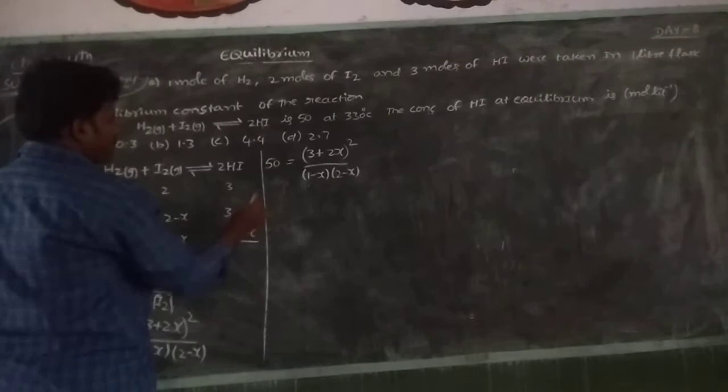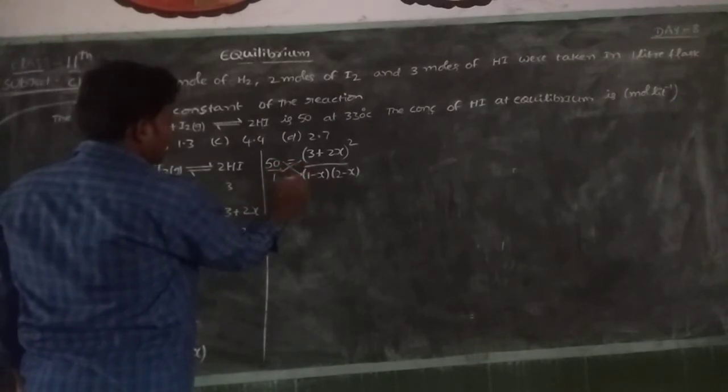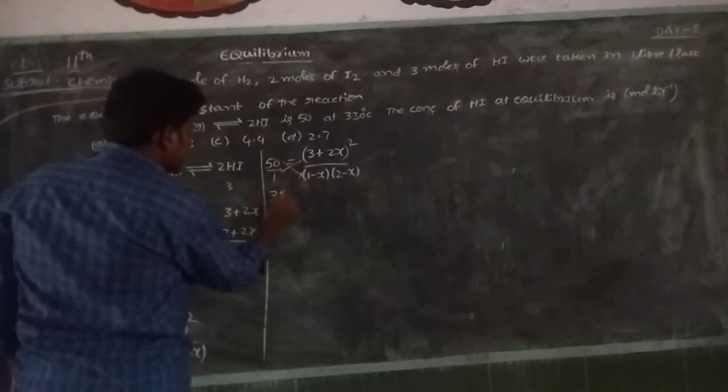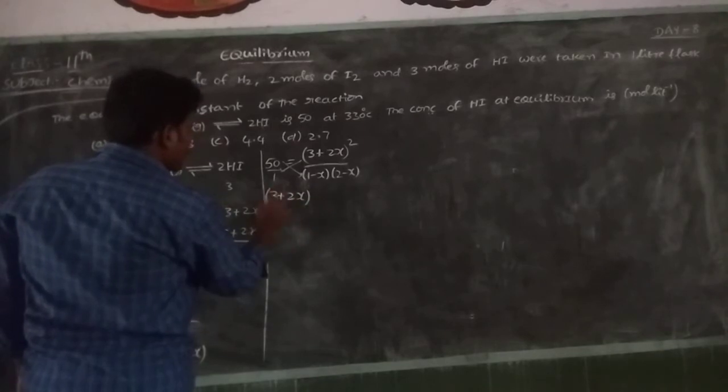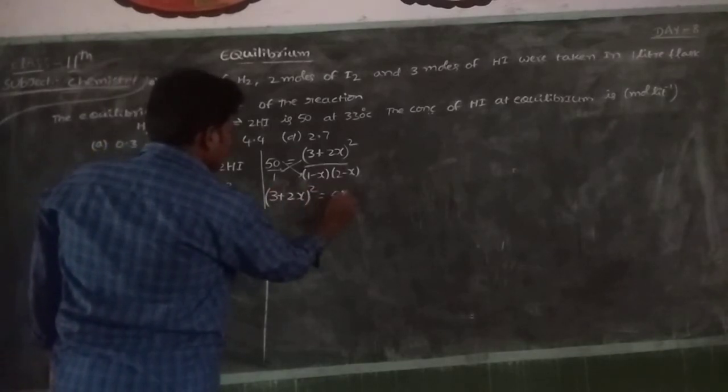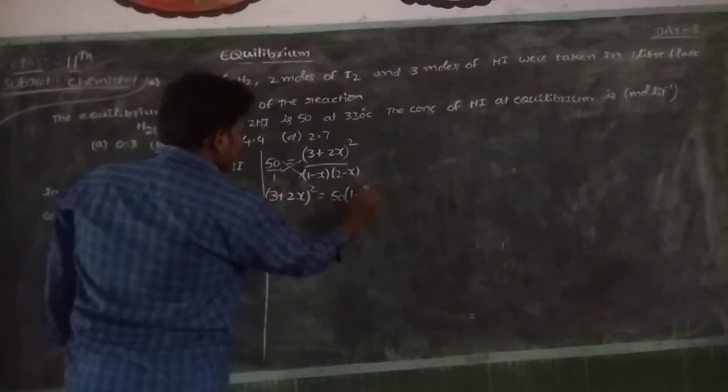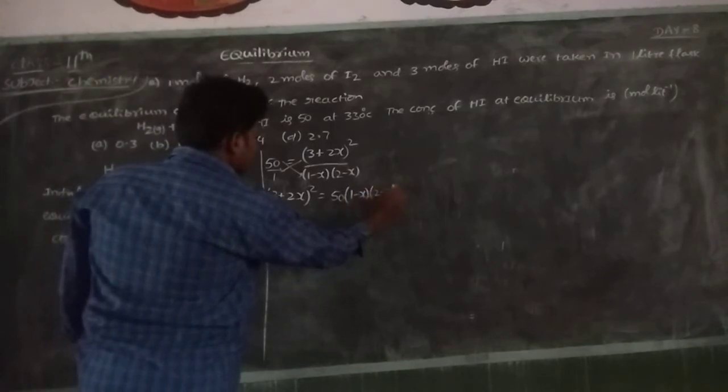Now carefully, this is cross multiplication: 3 plus 2x whole square is equal to 50 into 1 minus x, 2 minus x.